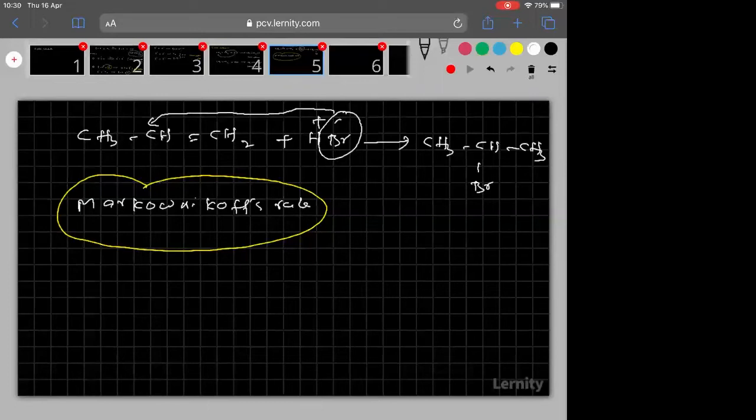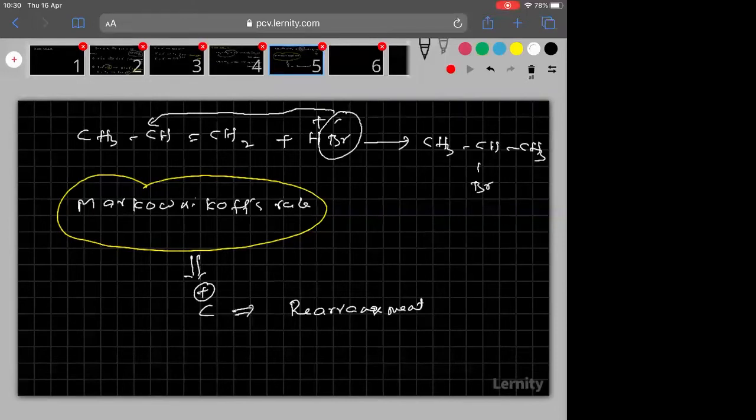Remember everyone, when we are following Markovnikov's rule, the intermediate is a carbocation. And whenever carbocation is the intermediate, remember, rearrangement takes place. Rearrangement means what?